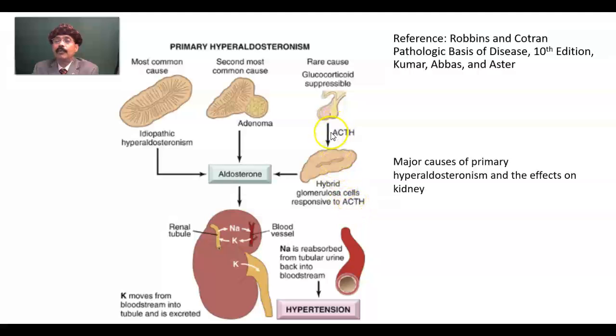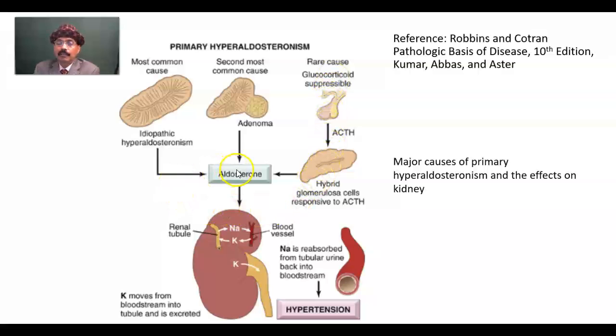This is the only type, a rare type, that is adrenocorticotropic hormone dependent. It is a rare cause and it can be suppressed by glucocorticoid like dexamethasone.